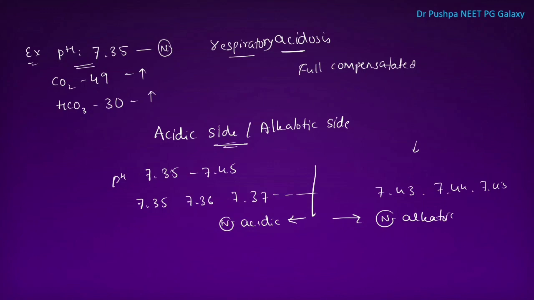Next step is we should find out whether it is respiratory or metabolic condition based on which level has changed, like CO2 has increased or decreased, or bicarbonate has increased or decreased. Based on that, we can find out whether it is respiratory or metabolic. Third step is we should find out whether it is compensated or uncompensated. So this is about the ABG interpretation in brief.